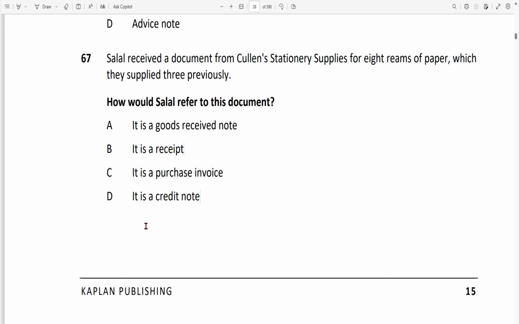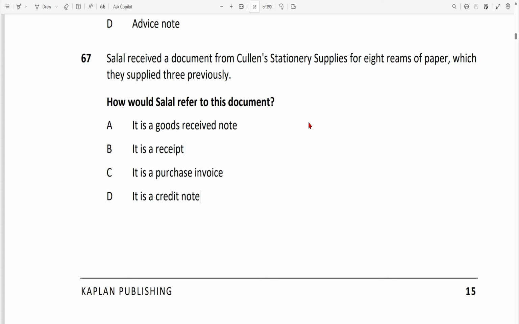In that case, Salal will return the goods to Kulin Stationery, and the credit note is issued. This note is issued to reduce the amount owed by the buyer, meaning Salal. Since this situation involves receiving the goods, a credit note is not applicable here.